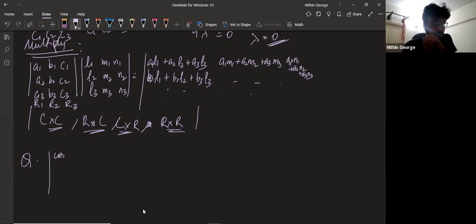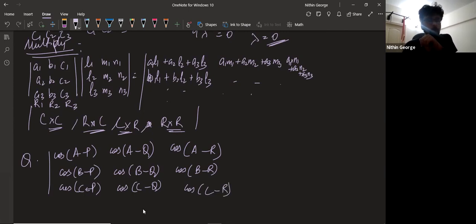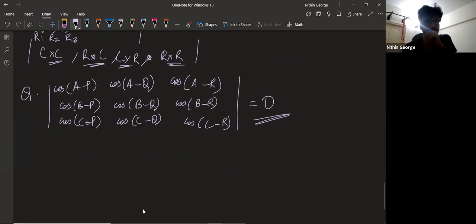You have to prove that the determinant with rows cos of a minus p, cos of a minus q, cos of a minus r, cos b minus p, cos b minus q, cos b minus r, cos c minus p, cos c minus q, cos c minus r. Don't try to expand this, okay? It's a pain. You have to prove that this is equal to 0.